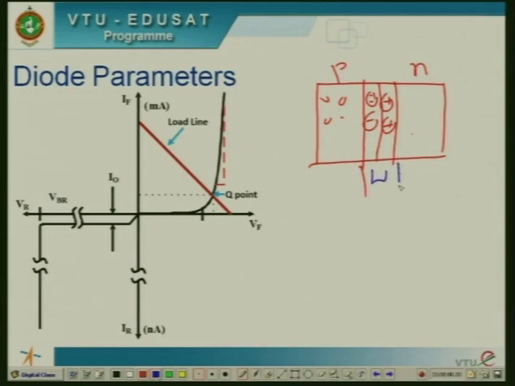When the junction is reverse biased, the majority charge carriers move away from the junction and minority charge carriers move across the junction. This current is known as the drift current.